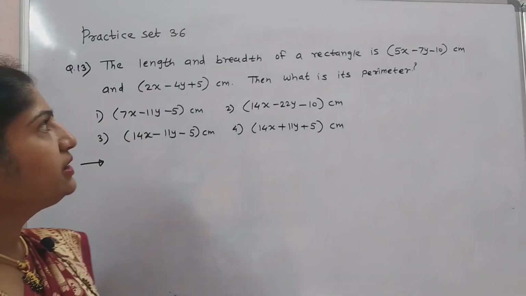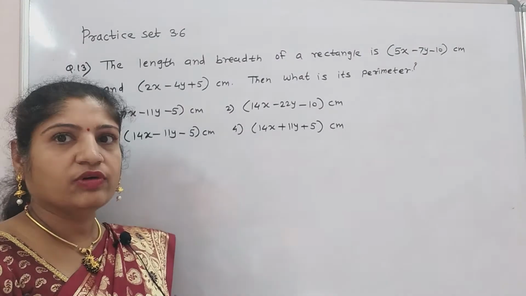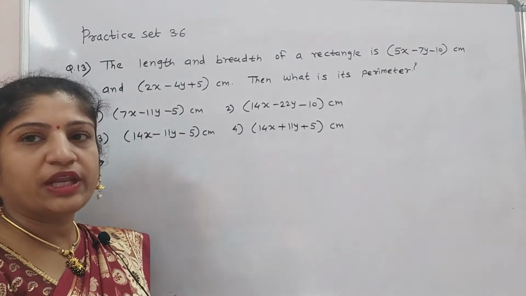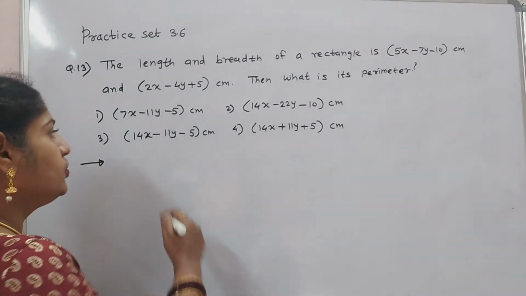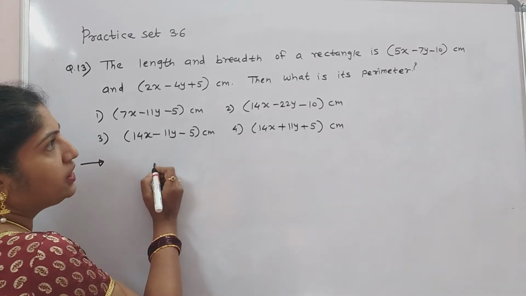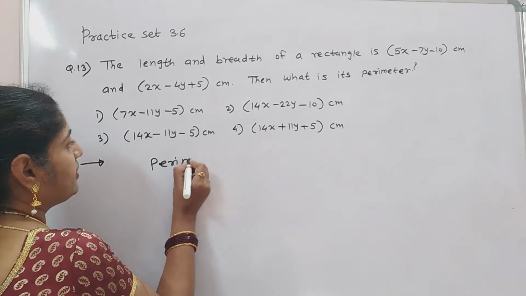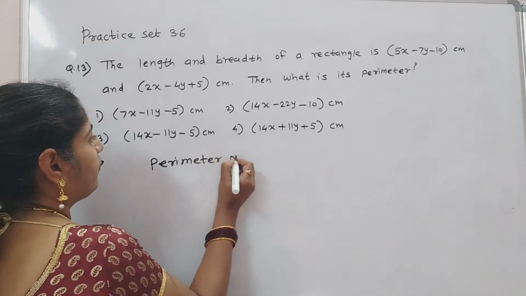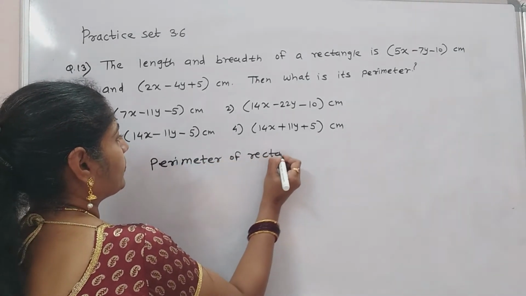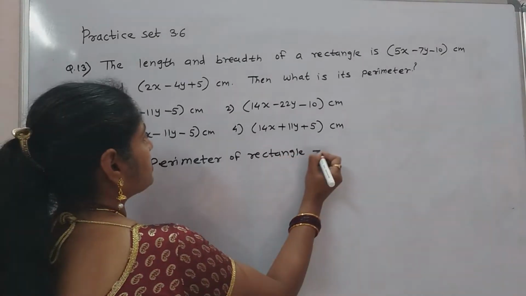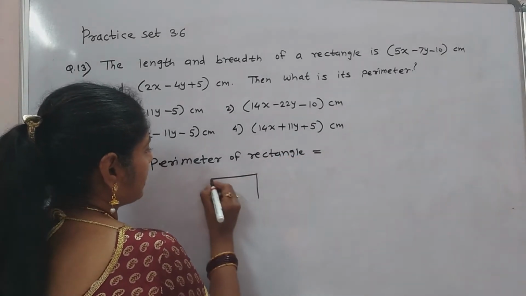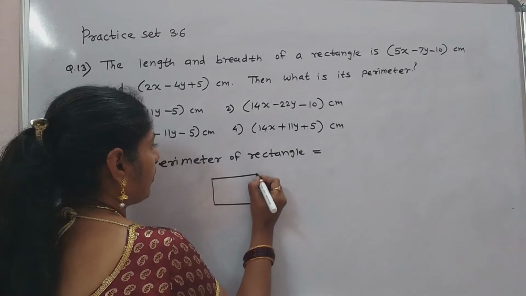Next, the length and breadth of a rectangle are given. Then find the perimeter. First of all, you must know the formula for the perimeter of a rectangle. Perimeter means the sum of the lengths of all sides.